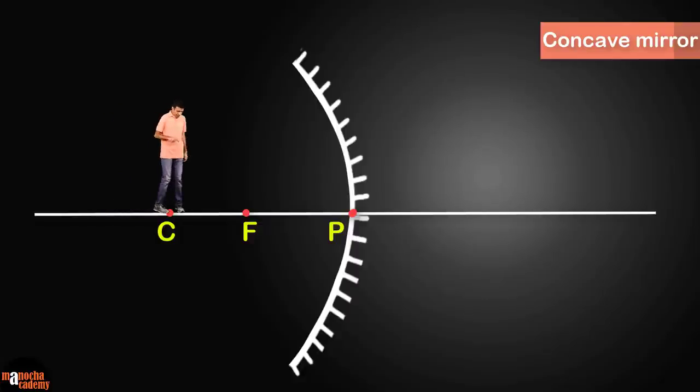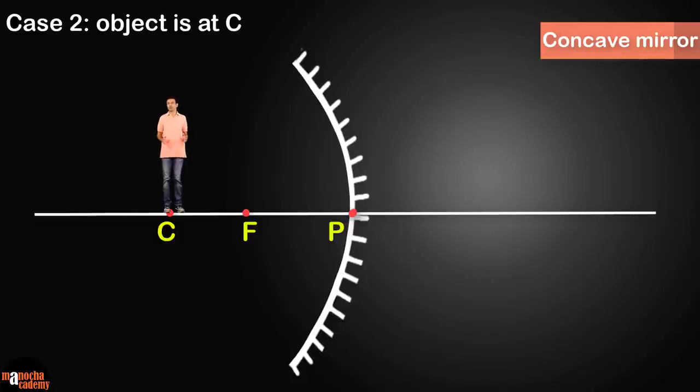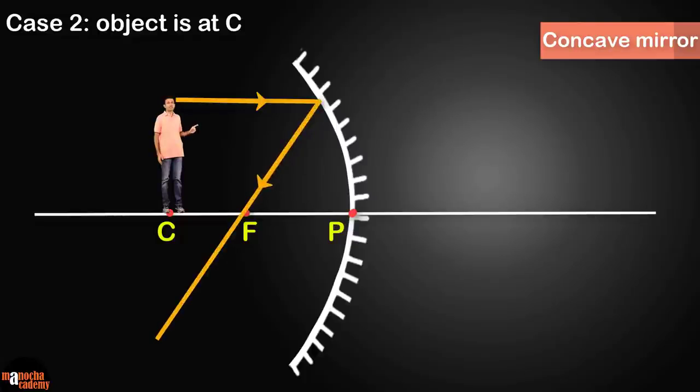I'm going to stand at C, the center of curvature, for our case 2. Once again, let's draw the rays from the top of the object. We need to use 2 rules from the first 3 rules. So for our first ray, let's use rule 1. The ray that is parallel to the principal axis after reflection passes through the focus.